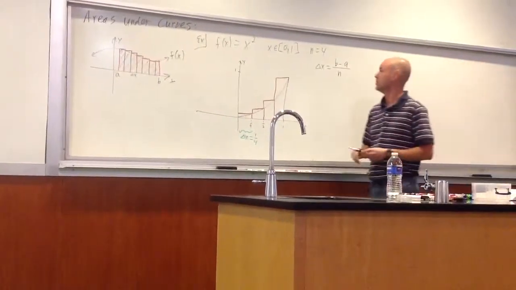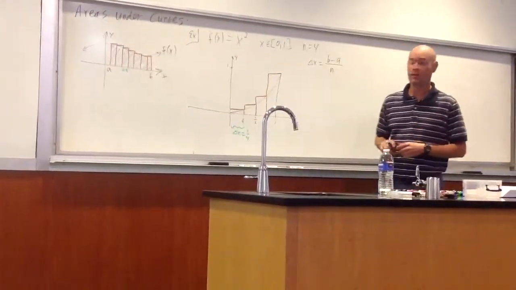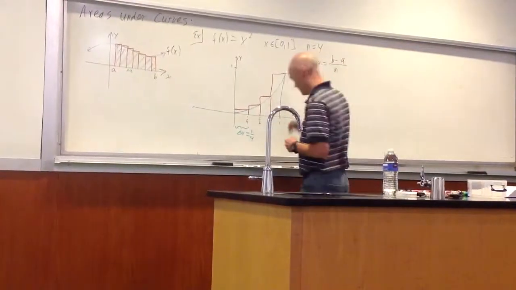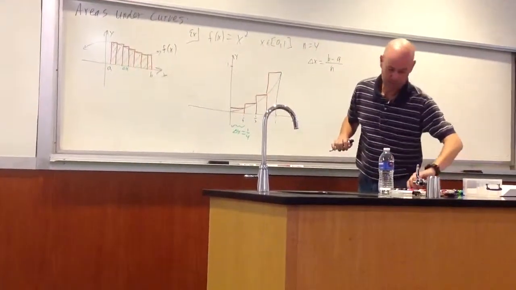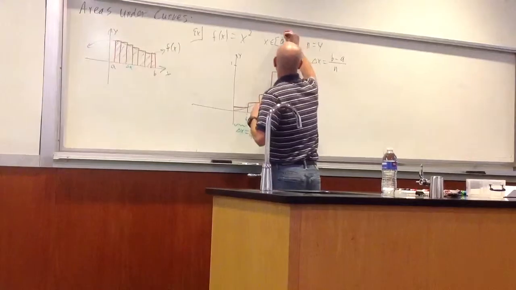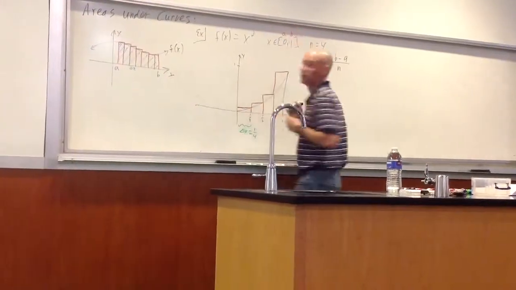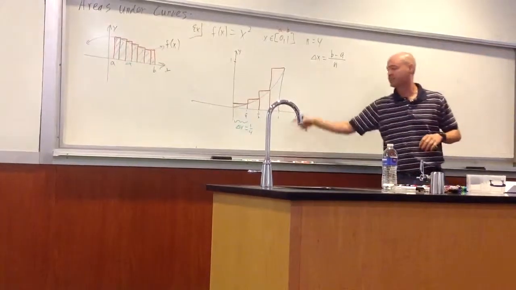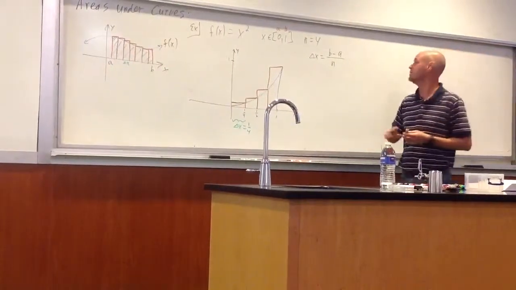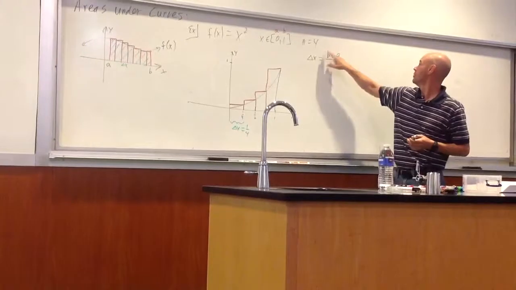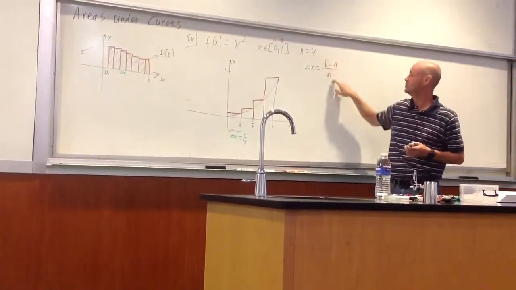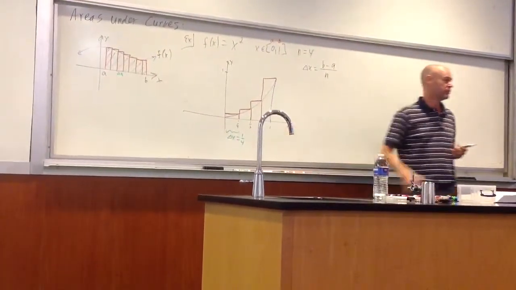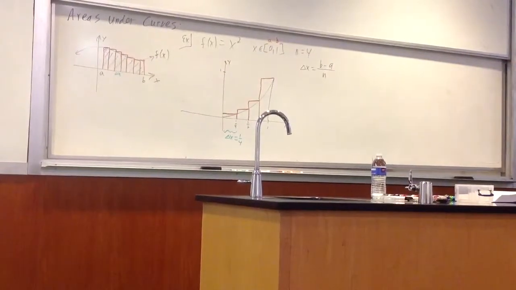It's b minus a, and here's our a and b. So if it wasn't as obvious for us that it was 1/4 and we had to calculate it, that'd be easy. We would just go 1 minus 0 divided by 4, which is 1/4. Because we're going to get more complicated ones here in a minute.